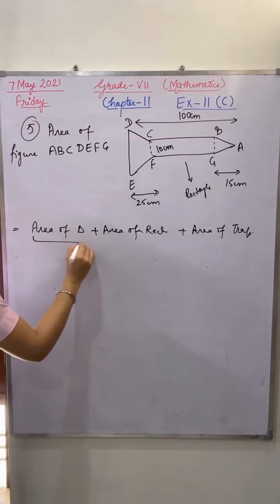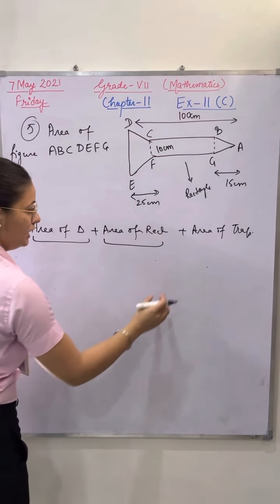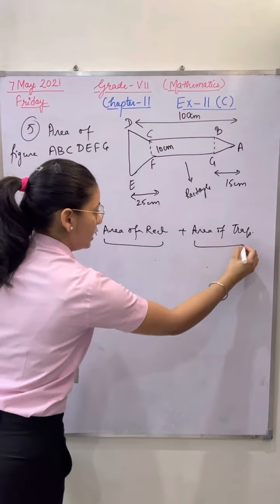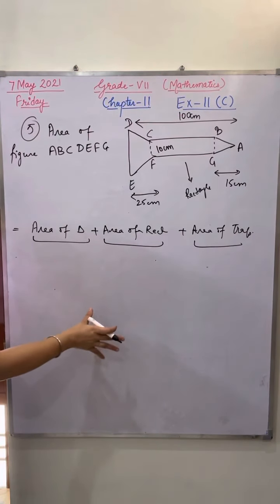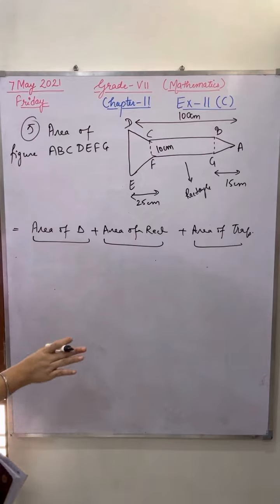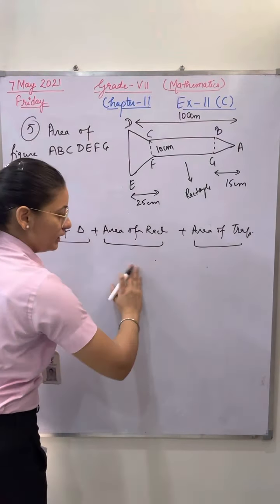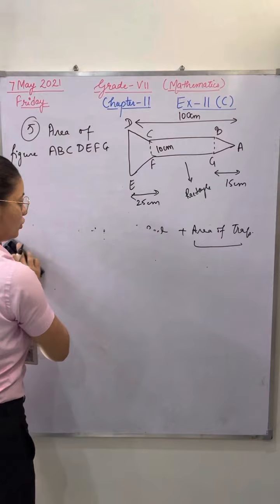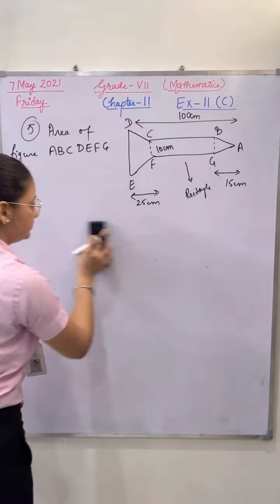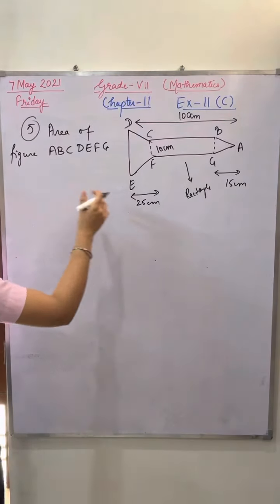You can take out the area in this way also, or one by one. Is it understood? Right now in the class I am going to take out the area one by one. It's your choice. You can take out the combined area or one by one.